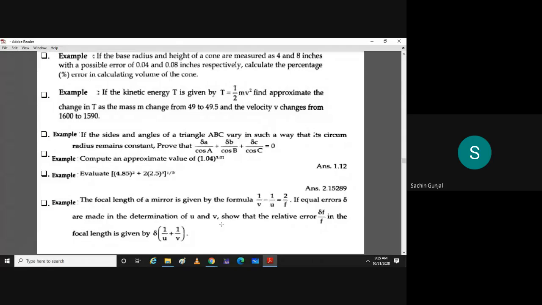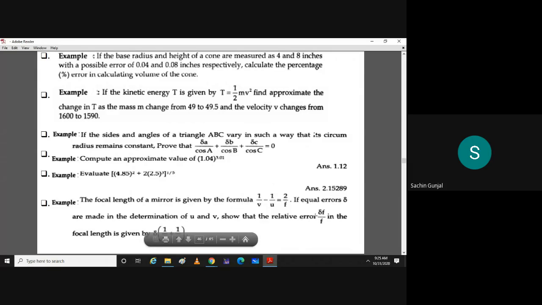My question is, applying log on both sides is going to help you or not? Which example? This last example, the focal length of mirror is given by a formula.